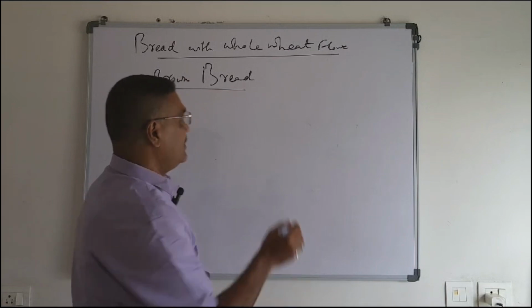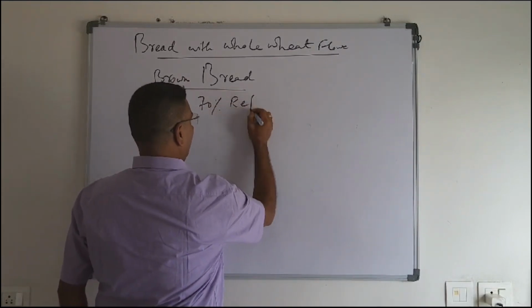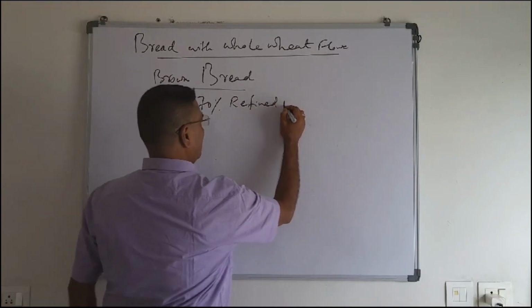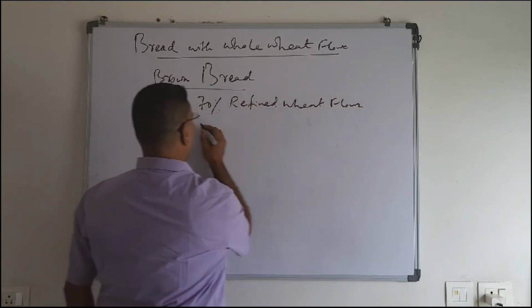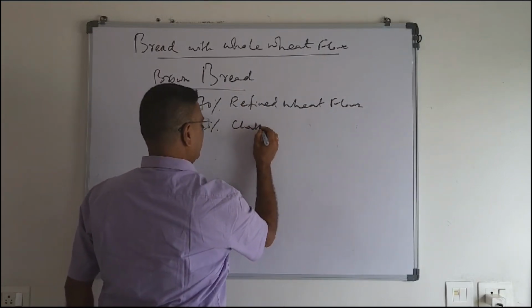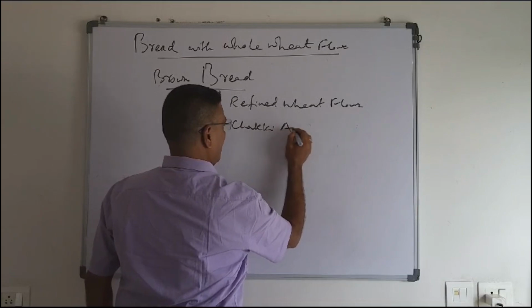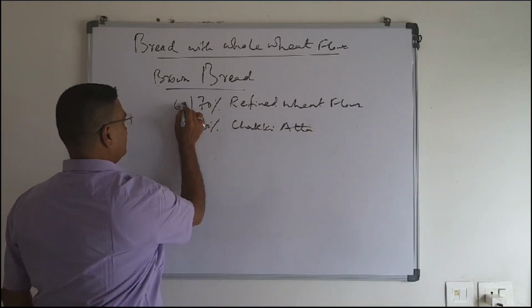Actually commercially it is 70% refined wheat flour and 30% chakki atta. It could be 65-35 also.